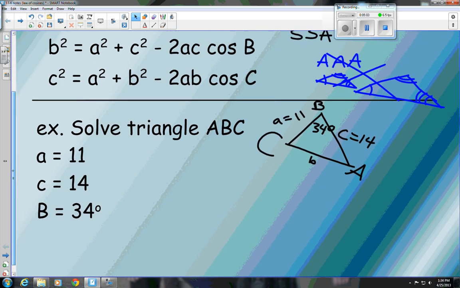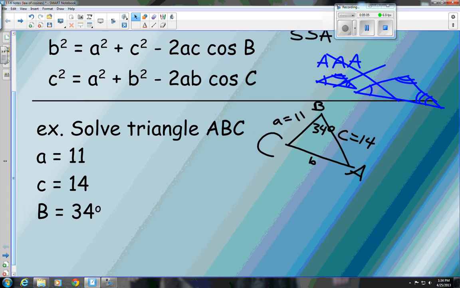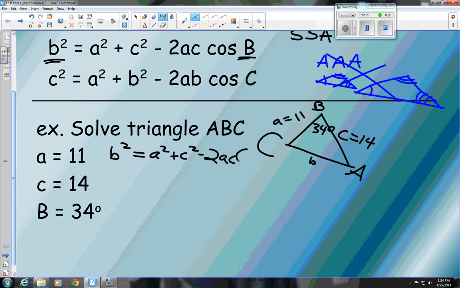So you look at this one, it's going to be the second version here because I know angle B. So I'm going to use B squared equals A squared plus C squared minus 2AC cosine of B. So now I plug in what I know.